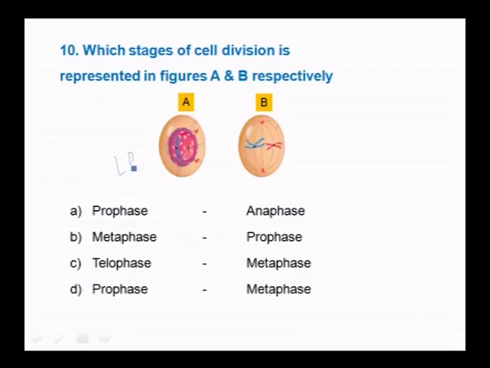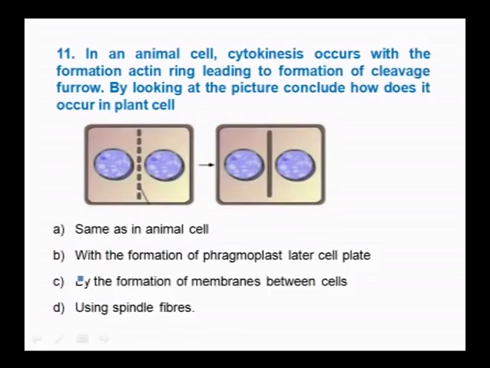The second diagram does not show any nuclear membrane, and all the chromosomes have come and arranged themselves at the center of the cell, which you call the equator. So the first stage is prophase and the second stage is metaphase. So the answer for this particular question is D, prophase and metaphase.